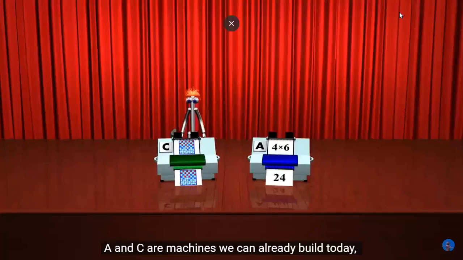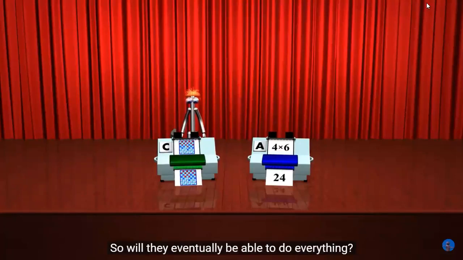A and C are machines we can already build today, and computers keep getting smarter and smarter, so will they eventually be able to do everything?